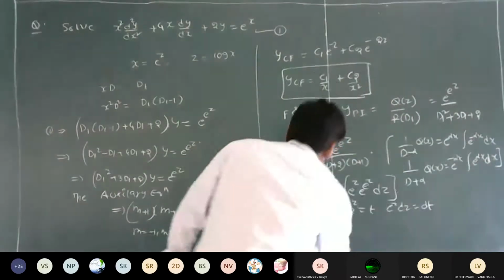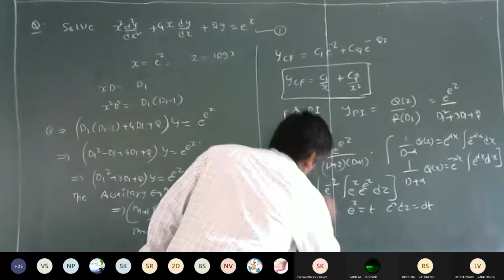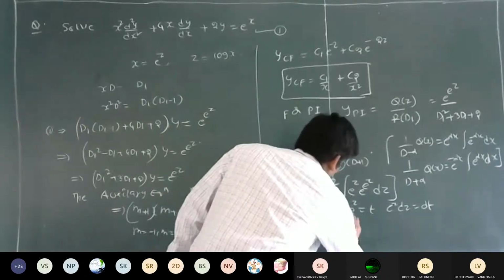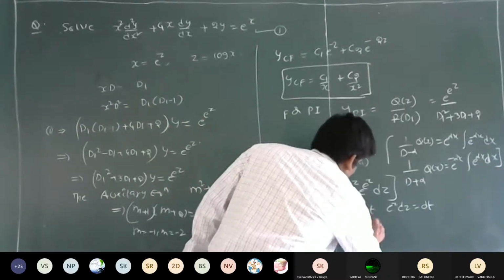Therefore it becomes 1 by D plus 2 integral e power minus z into e power t dt. Right, what is the solution? The integration of the exponential function is e power t.